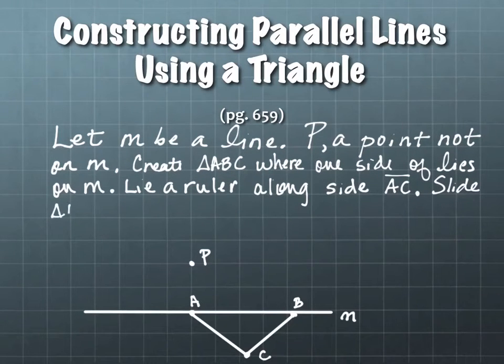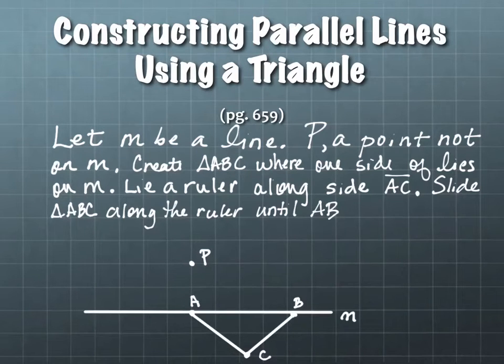Slide the triangle ABC along the ruler until line AB, the part that's currently along side M, or line M, so line AB, or side AB, intersects P.